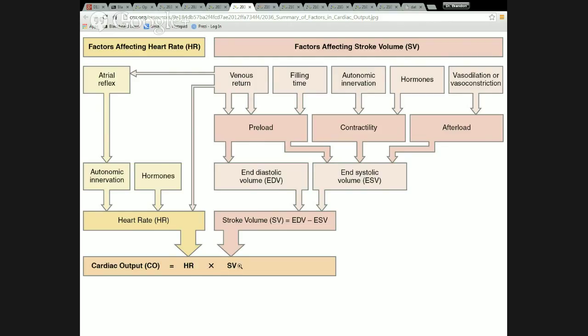Now, somebody who's cardiovascularly fit, if they have a low heart rate, that doesn't mean that they have a low resting cardiac output. Actually, along with the lowering of the heart rate is going to be some increases to stroke volume. Mostly their preload and contractility are going to be at rest higher than your average person, which will balance things out.